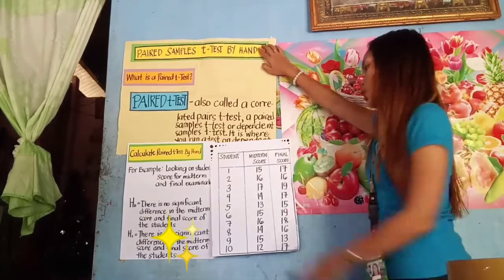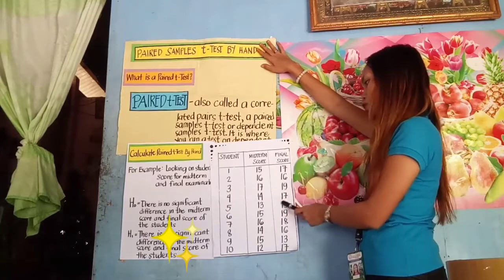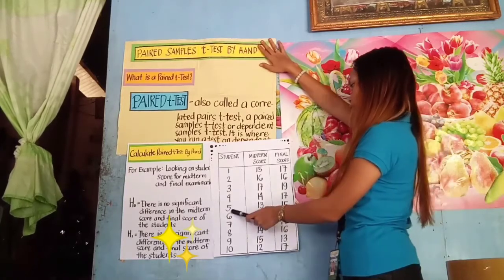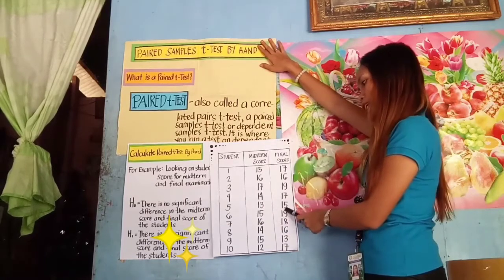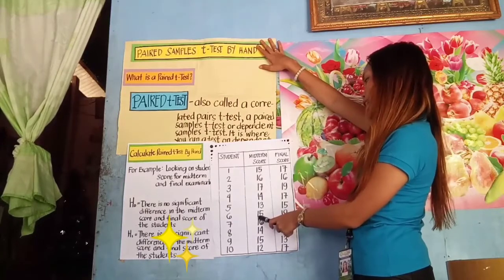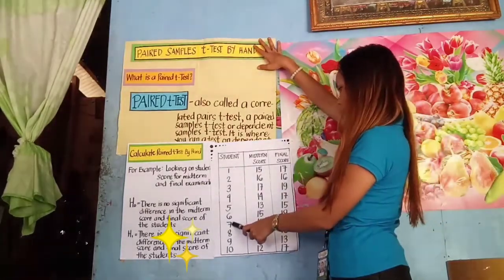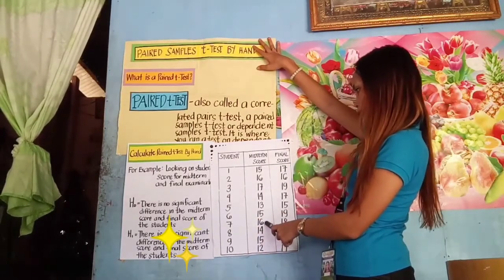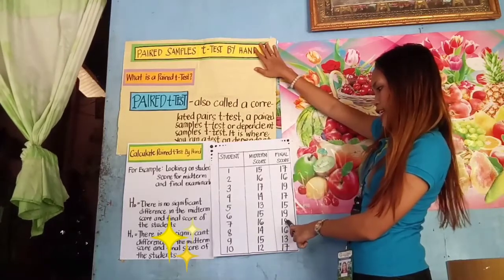And student 4, midterm score 14, final score 17. Student 5, midterm score 13, final score 15. And student 6, the midterm score is 15 and the final score is 19. And student 7, the midterm score is 16 and the final score is 18.